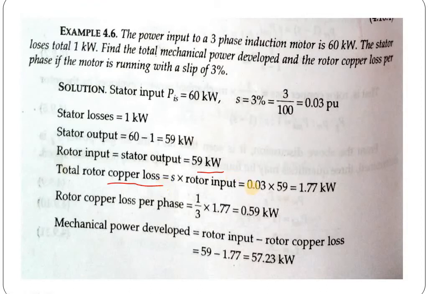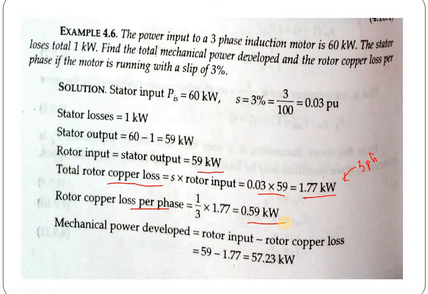So it will be 0.03 into 59, that is 1.77 kilowatt. And as we have to calculate the rotor copper loss per phase, and this loss we have got for 3 phase, we have to divide it by 3 to get the per phase copper loss, that is 0.59.